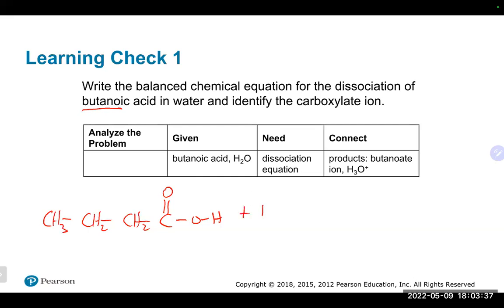It's going to react with water in this case. So this is going to be our acid, and water is going to act as our base. It is always this hydrogen attached to the OH group that participates in the acid-base reaction. Because it's part of that polar group, it's easier for that hydrogen to come off.